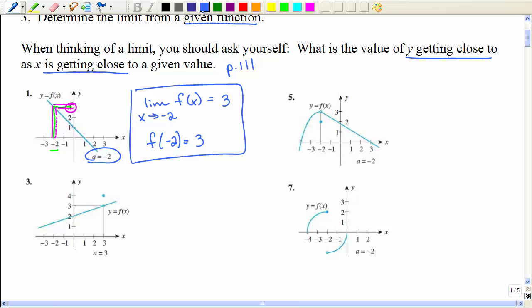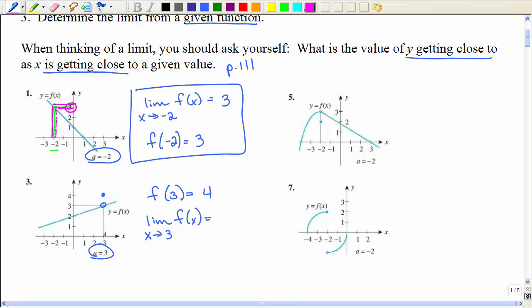So let's look at problem number 3. We have a nice smooth line except for this little open circle here and a dot. So the function when x is 3, y is 4, it's that dot. But we want to know the limit as x approaches 3, meaning get really, really close.